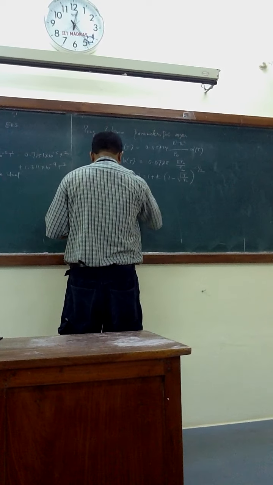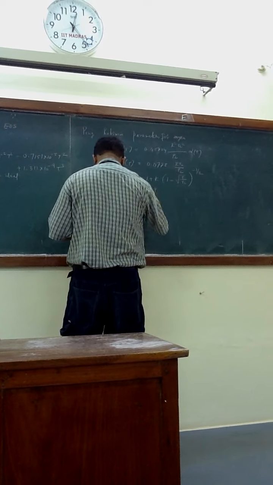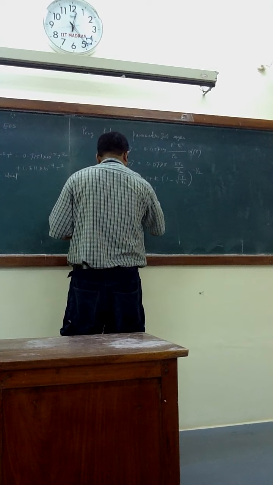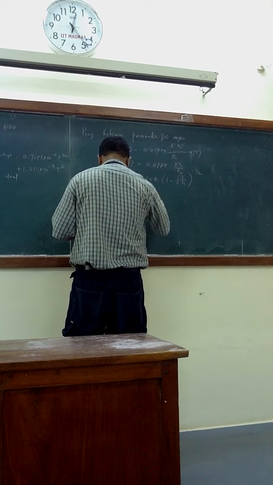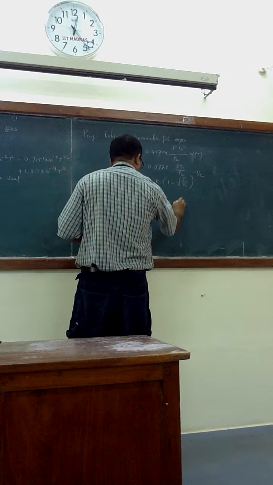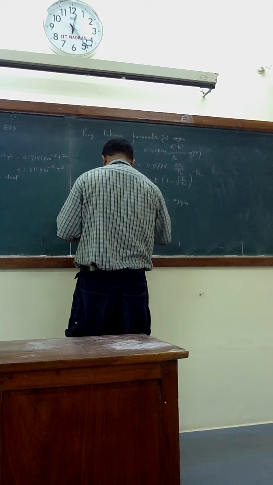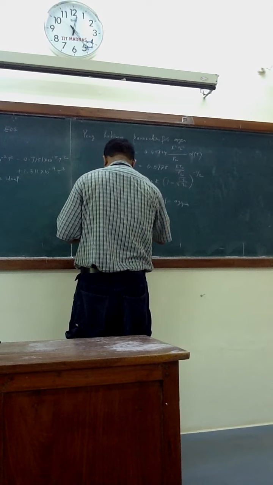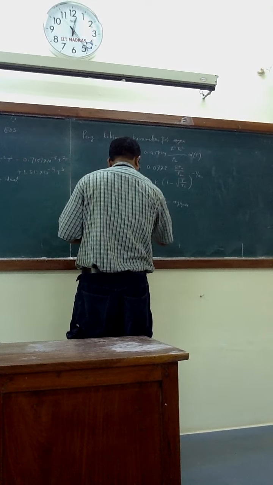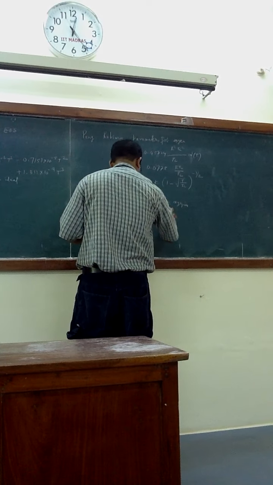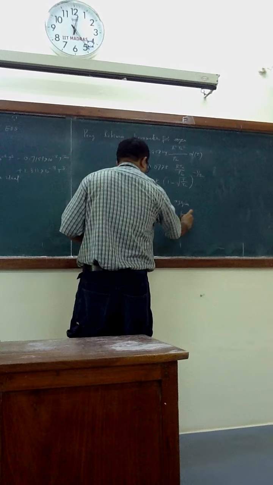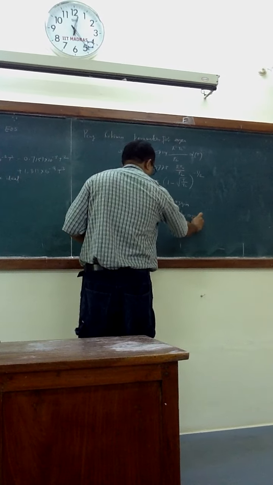Where kappa is 0.4069, Tc is 154.6 K for oxygen, Pc is 5.046 megapascal for oxygen.